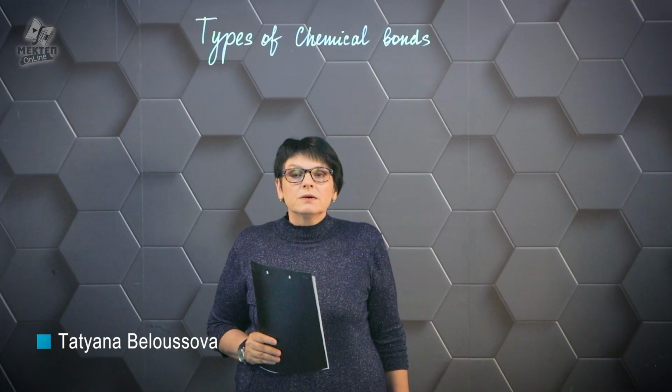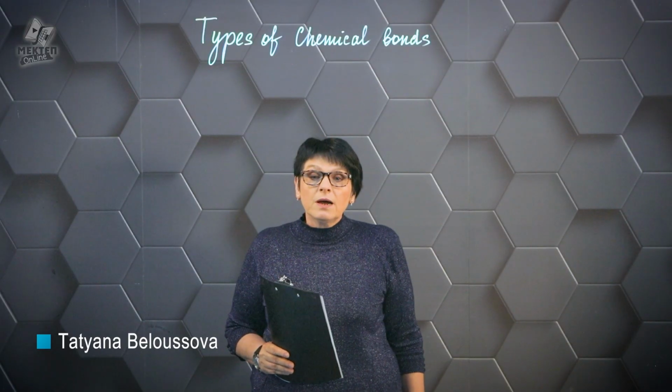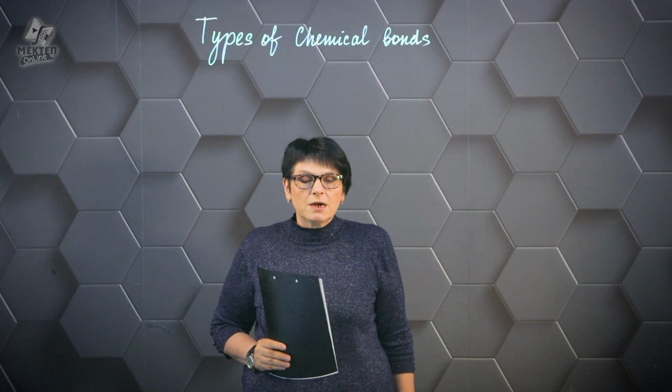Hello! Today we're starting to look at the next stage of studying the structure of matter, chemical bonds. But let me remind you that when we were looking at the structure of the atom, we kept emphasizing that elements generally have an incomplete outer level.